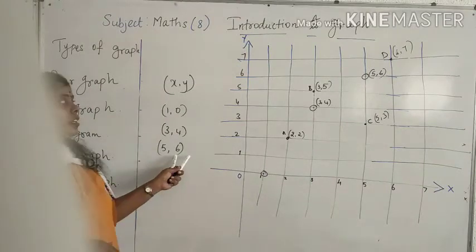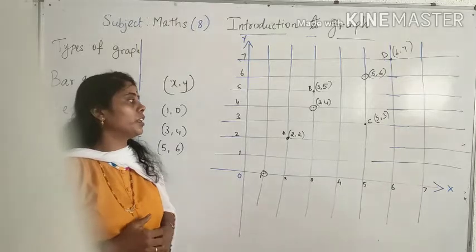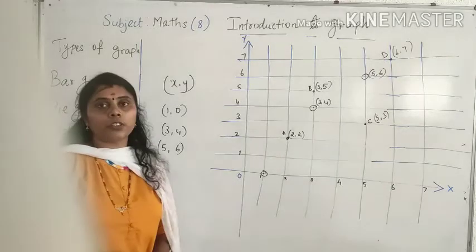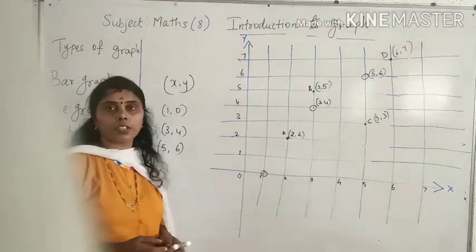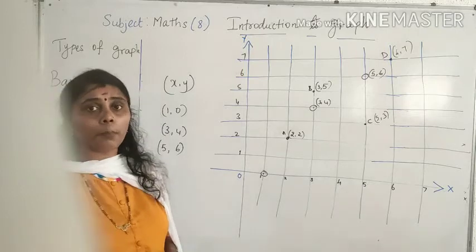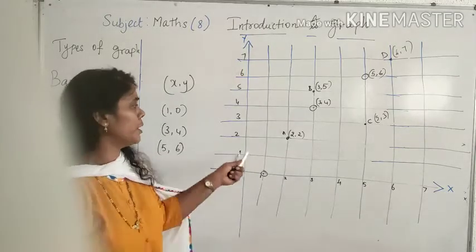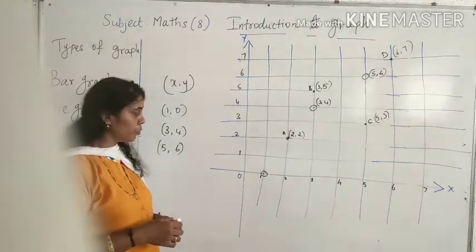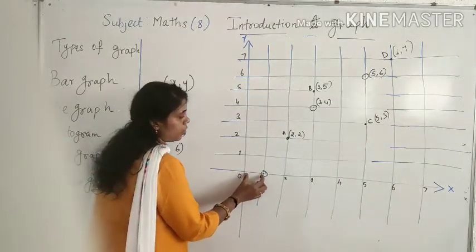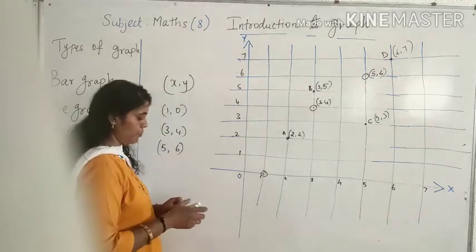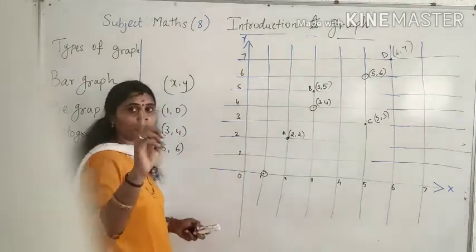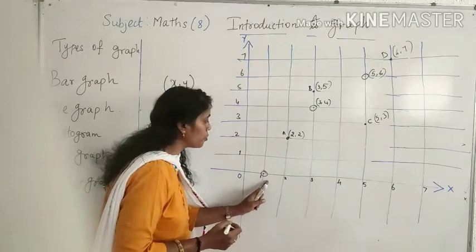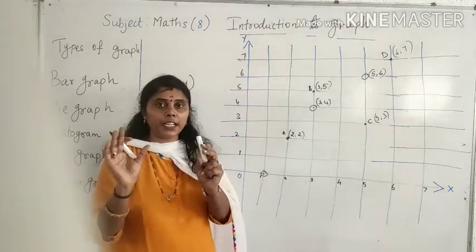This is like a check pattern, where the points are given on a square grid. But in the normal graph, how can you represent them? The normal graph is also like this only. One minute thing you have to know: each one is called one unit. From 0 to 1 it is 1 unit. This 1 unit will be divided into 10 parts.